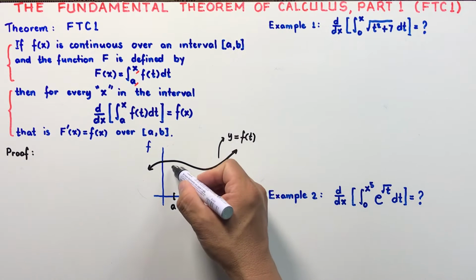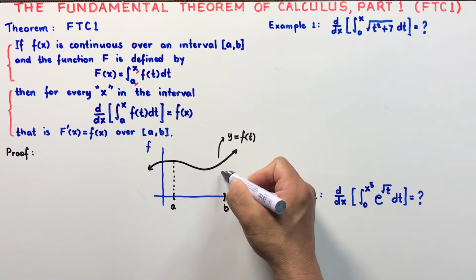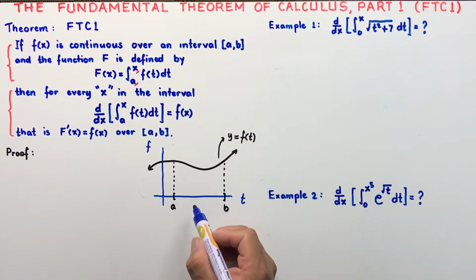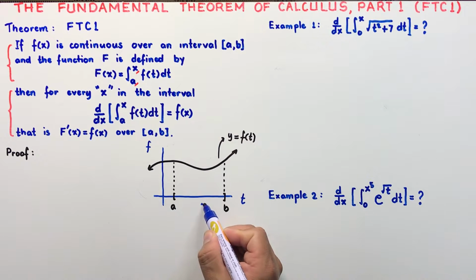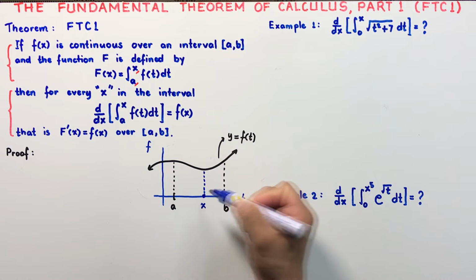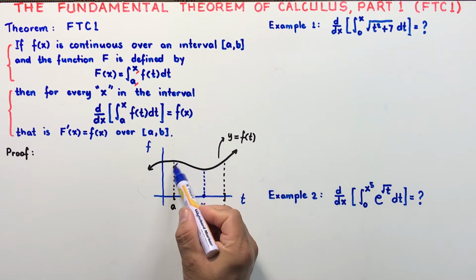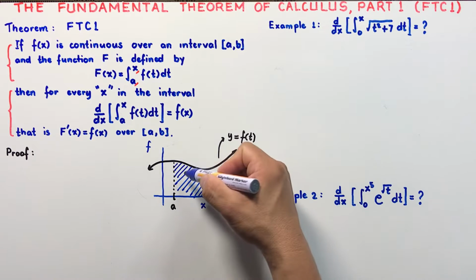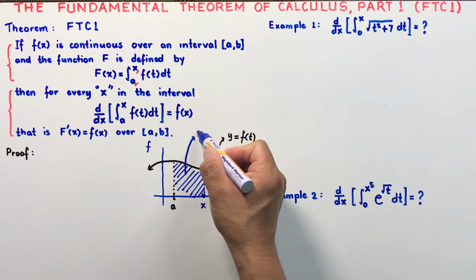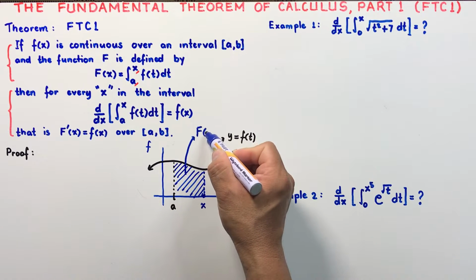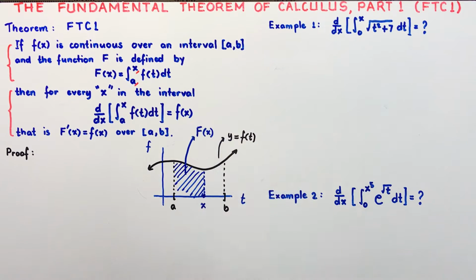So if you get the area from a to b, and suppose we pick an element in this interval, say this is our x here, at this point here, the area below this function is our big F of x. So this is now our big F of x here.